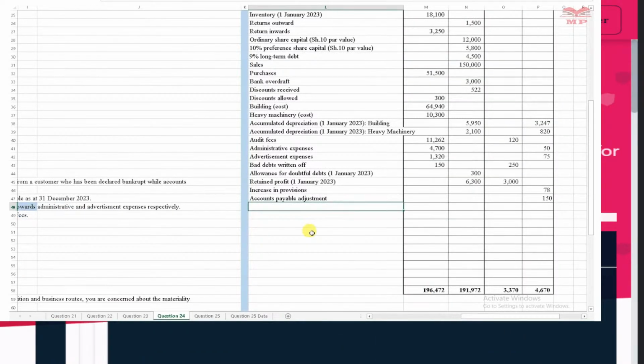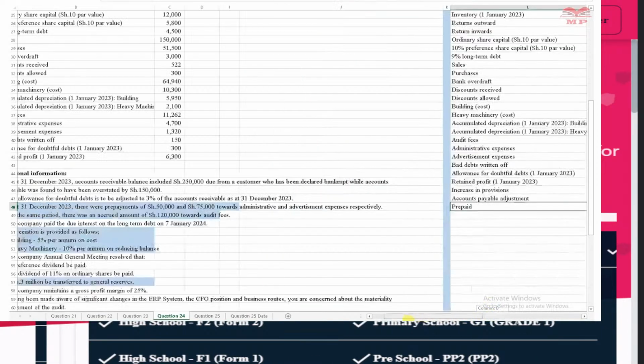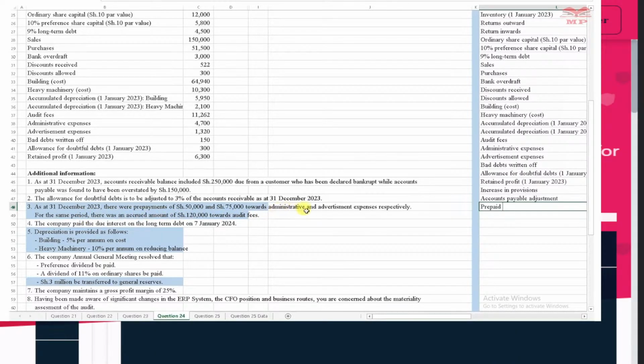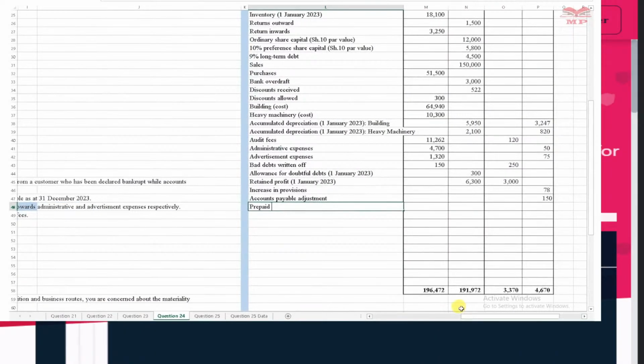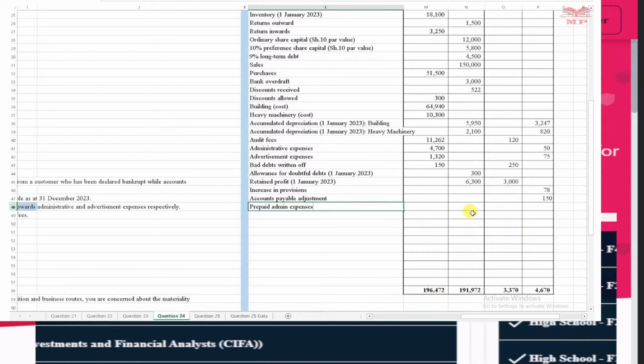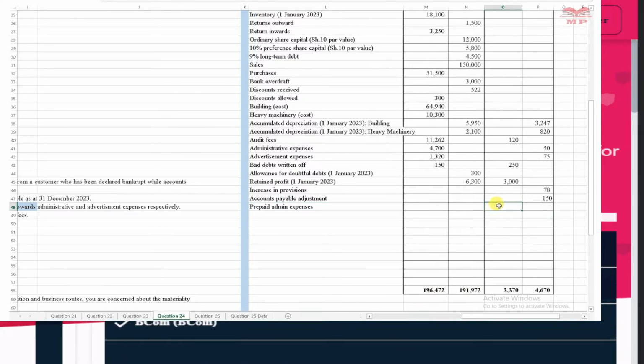But what do we call them? Prepaid admin expenses. Let me just double check. Prepaid admin expenses. Admin expenses, yes. And we can come over here and put them, they're usually on the debit side over here.